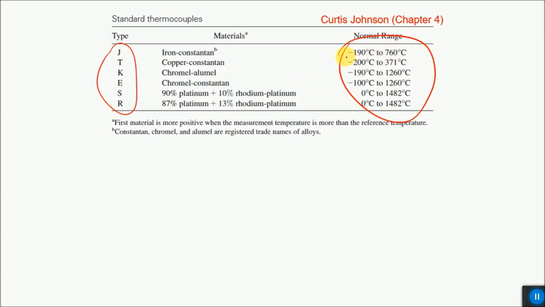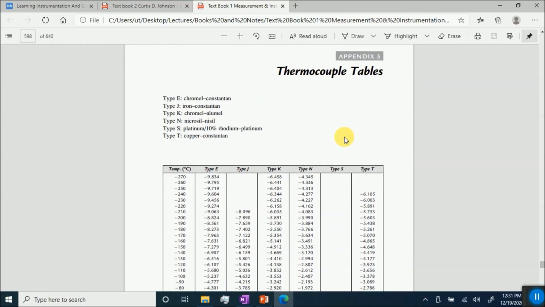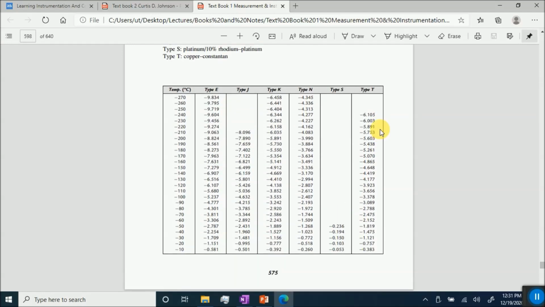Then for this whole range, a table is given for each type. Here in Appendix 3 of your textbook 1 by L.N.S. Morris, thermocouple tables are given, and these tables are standard. You can find them on the internet, and you will find the same table everywhere for these 6 types of thermocouples. You have the temperature in one column, then 6 columns for these 6 types, and some values written in front of each temperature.